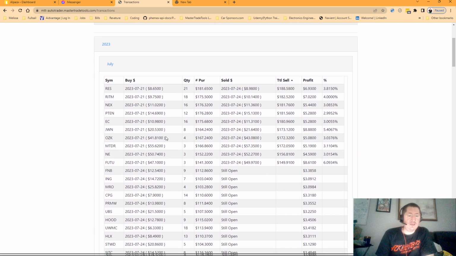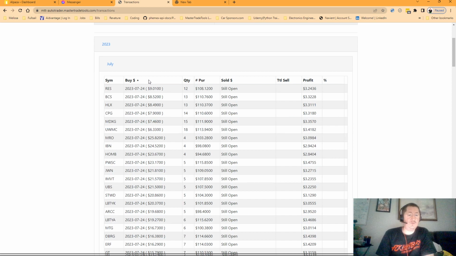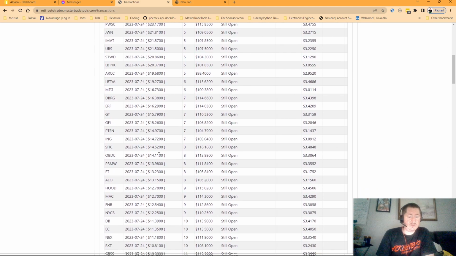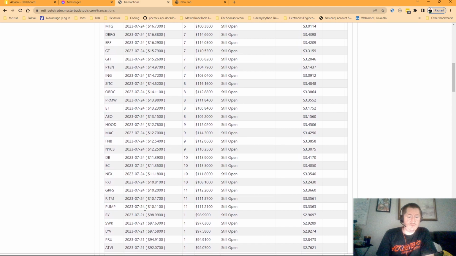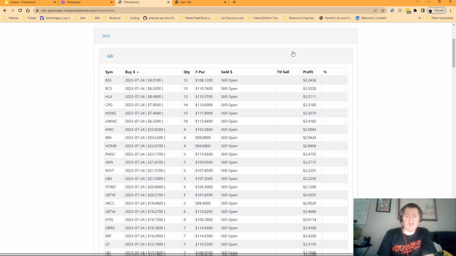You can also see when those positions were bought. Say, for instance, today's the 24th, and we want to find out how many positions we bought today. As you can see, there are quite a few. I have not added a counting function to this, but that would be a good thing to do. I could actually do a search function.